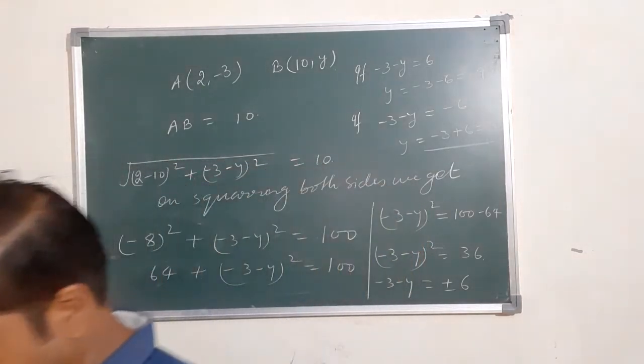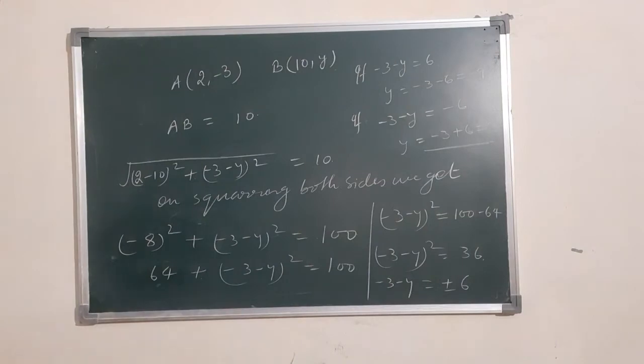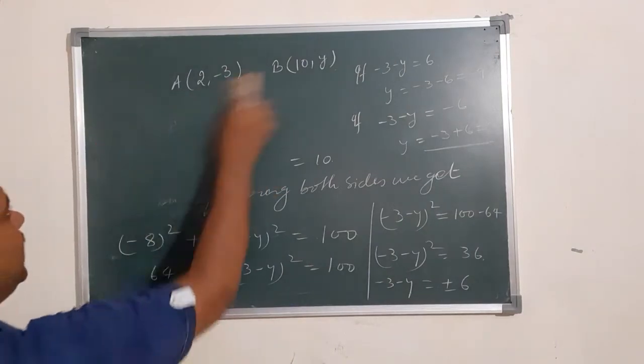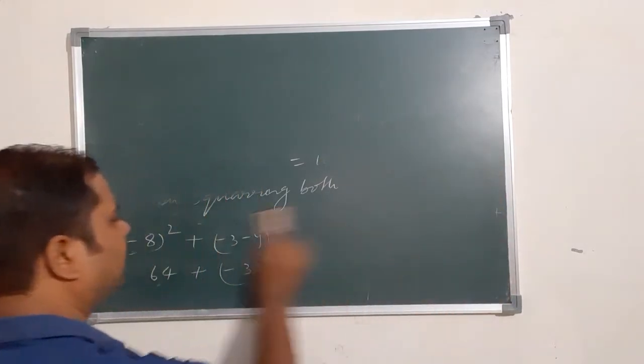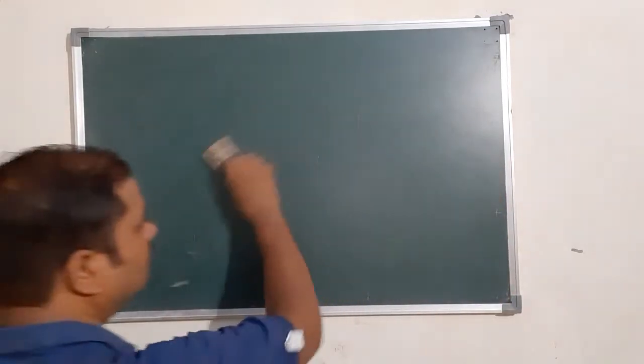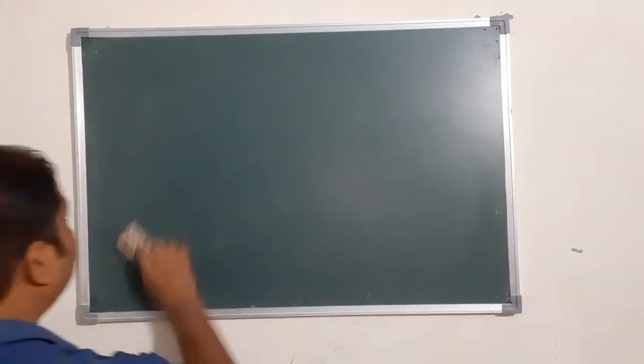So next one is question number 9. This is the same question as question number 7. Given a point which is equidistant from the given points, then you have to find the value of x and y.